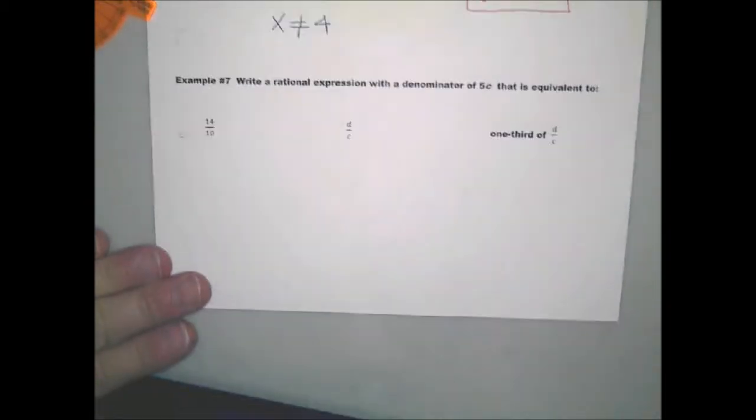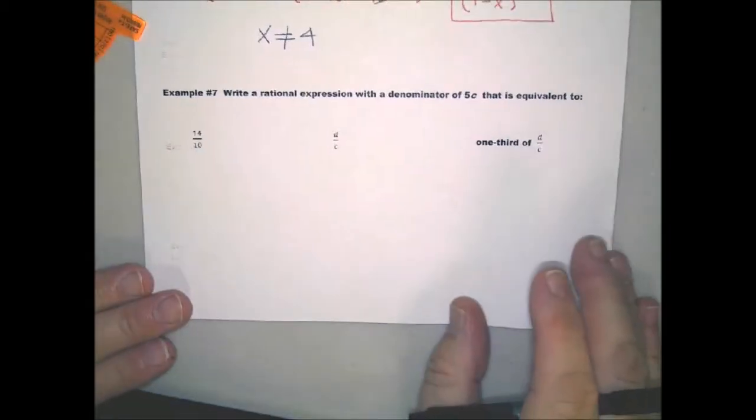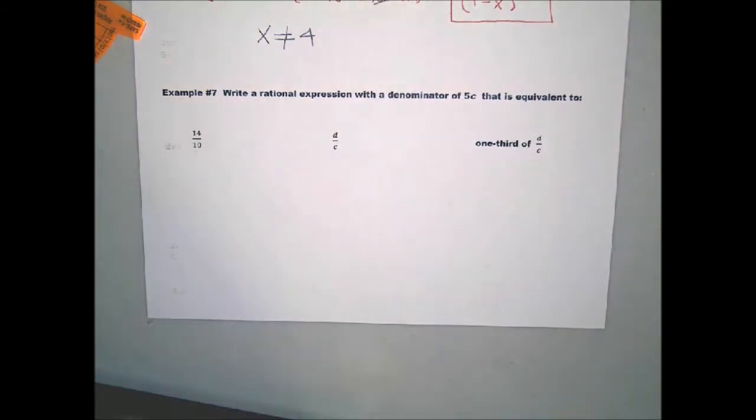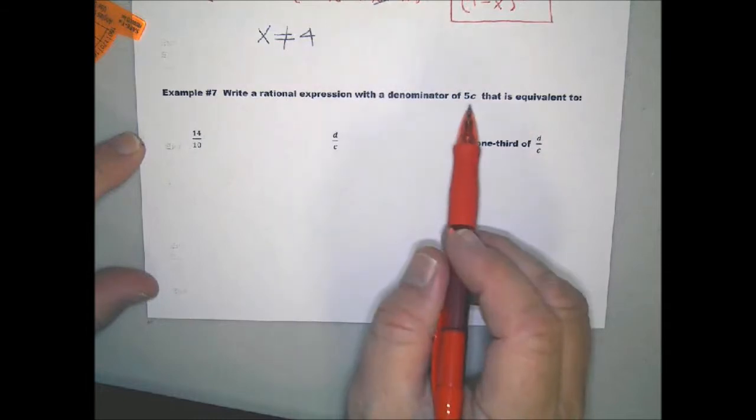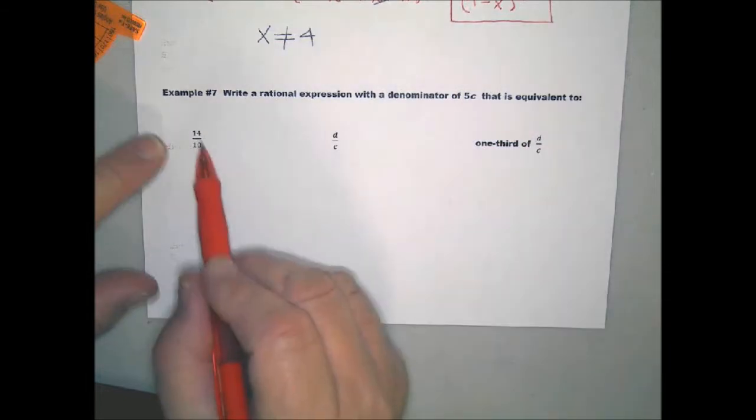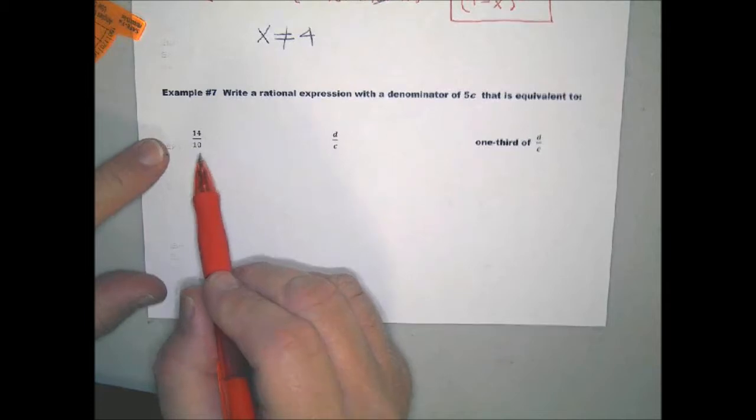Now, example number 7, equivalent fractions or equivalent rational expressions. Write a rational expression with a denominator of 5c that would be equivalent to 14 over 10.